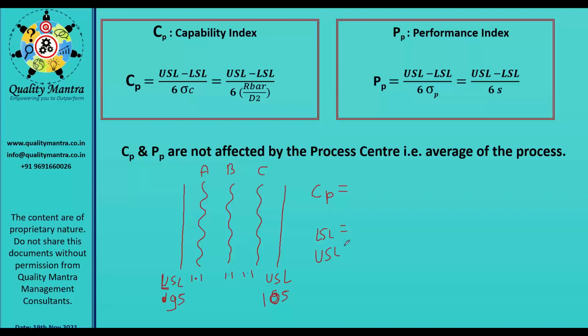Please calculate the CP and PP, or you can calculate just CP also. The same will be applicable for PP also. Sigma equals 1.1 for all the processes.